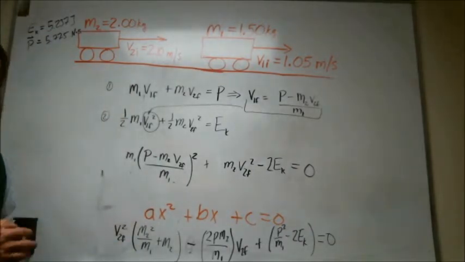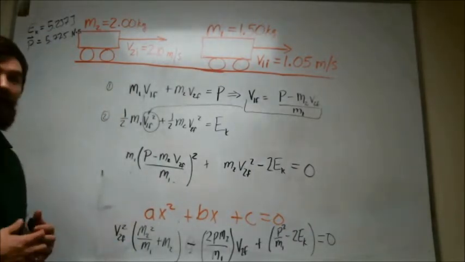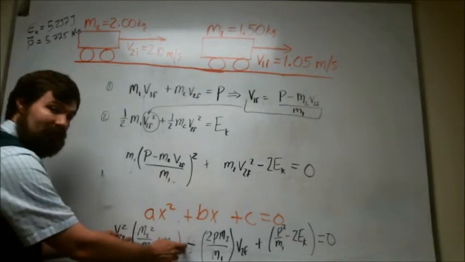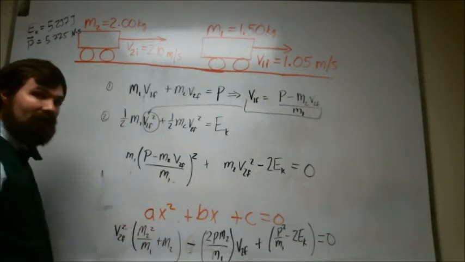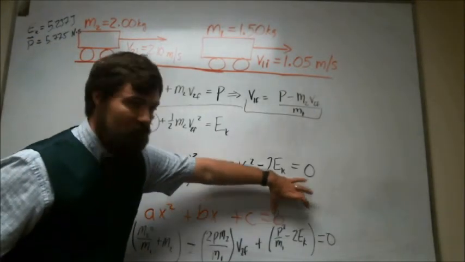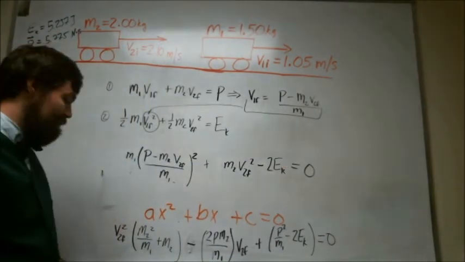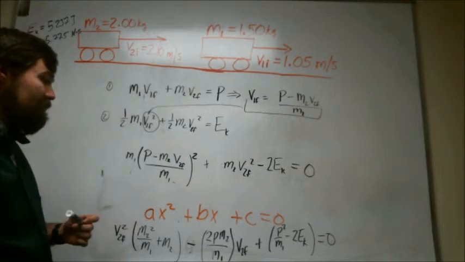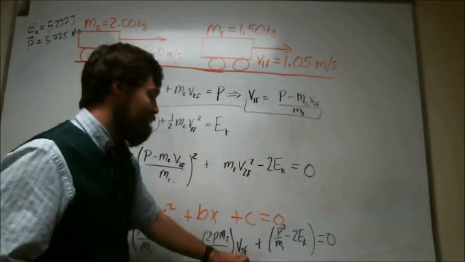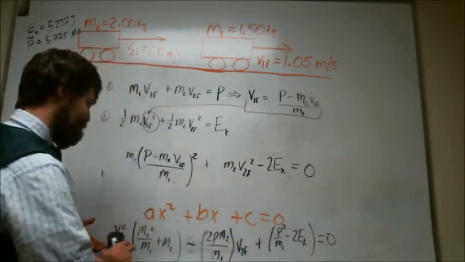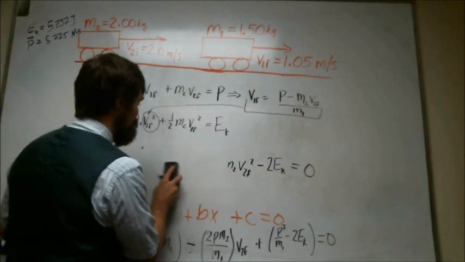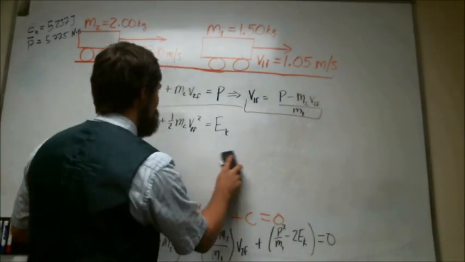So that's just your regular quadratic formula, where this term right here is a, this term right here is b, and this term right here is c. So at this point, I would recommend just plugging numbers in for those, just so that we don't have to carry all this stuff into the quadratic. I'm going to go ahead and erase this top line here again.